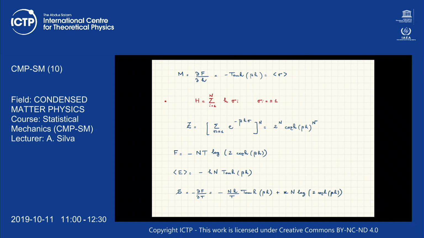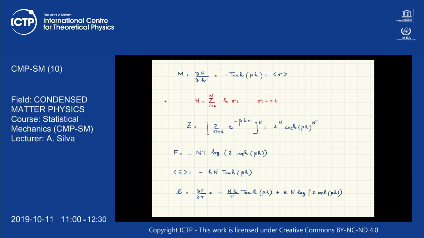Now, if I have n spins, for each one of them the probability to be up or down is equal. And therefore, at infinite temperature, what is the number of configurations that I have? 2 to the power of n, right? Because at the energy that corresponds to infinite temperature, which is equal to 0, the number of configurations that correspond to that energy is 2 to the n.